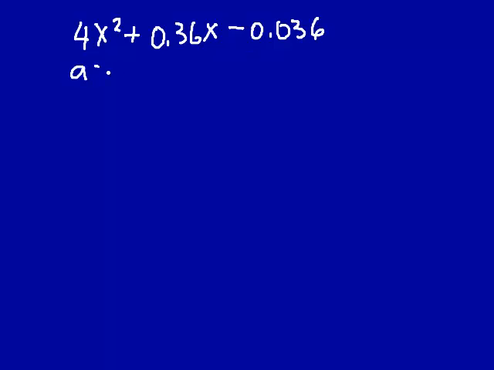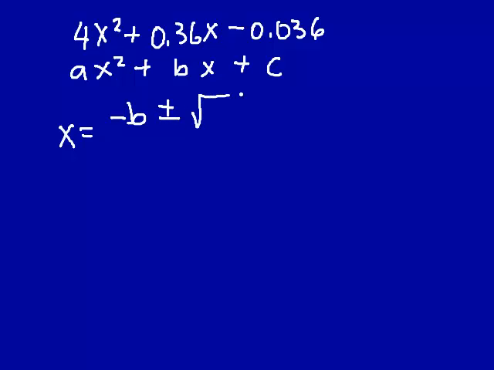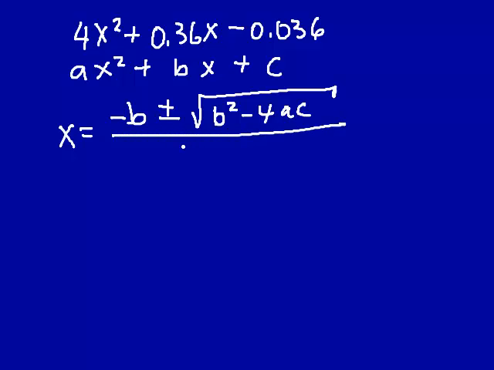So this is ax squared plus bx plus c. The quadratic formula, x is equal to minus b plus or minus the square root of b squared minus 4ac divided by 2a. Let's plug in what a, b, and c are.